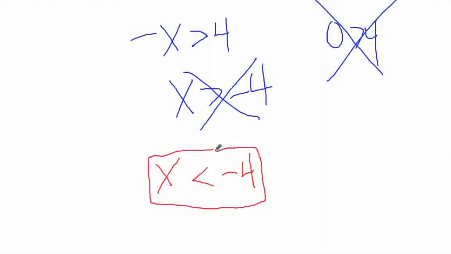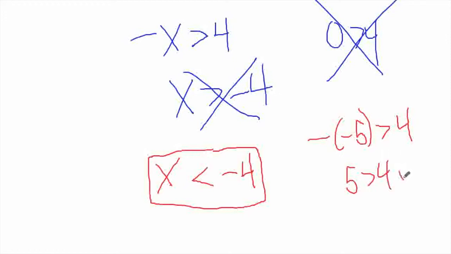See that? Let's see if that works. We know 0 does not work, so we've checked that. Let's check, say, minus 5. I plug minus 5 into the original, and 5 is bigger than 4, so yep. That's how you solve those.